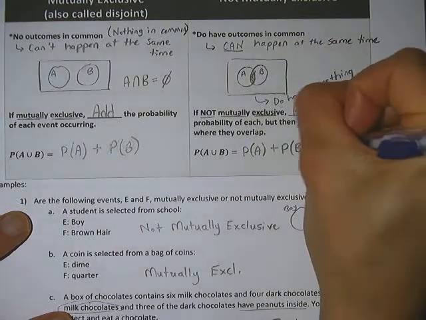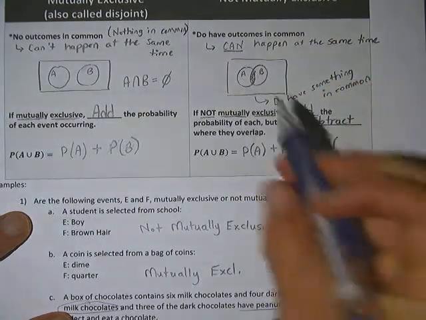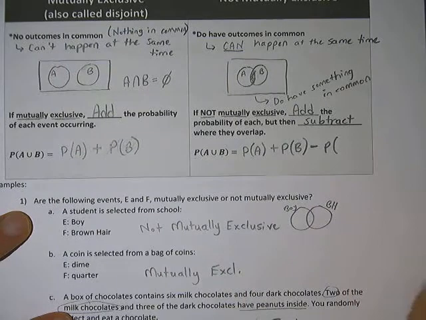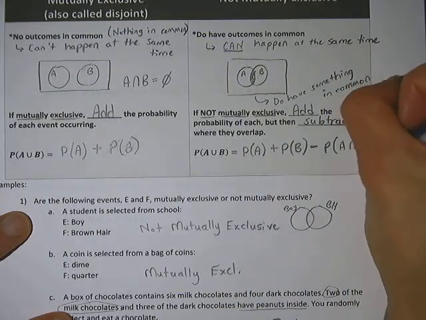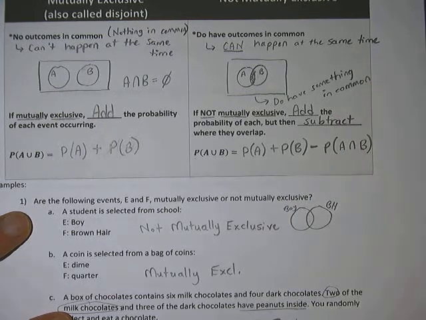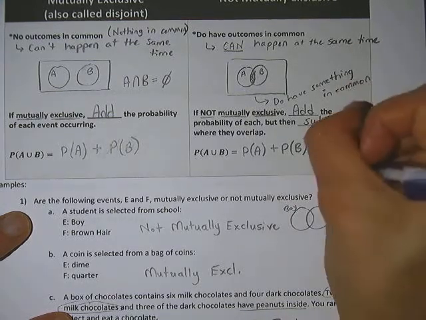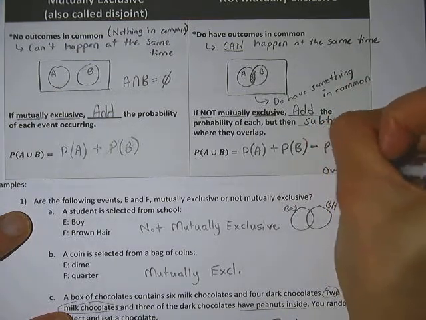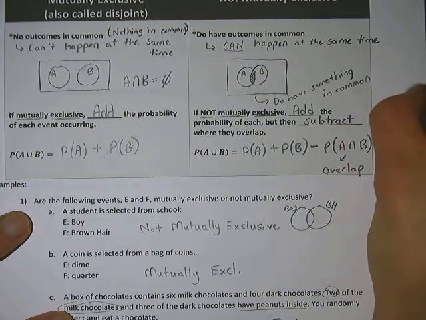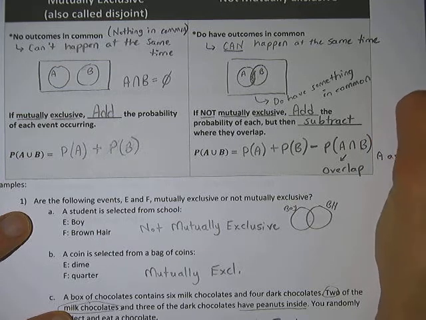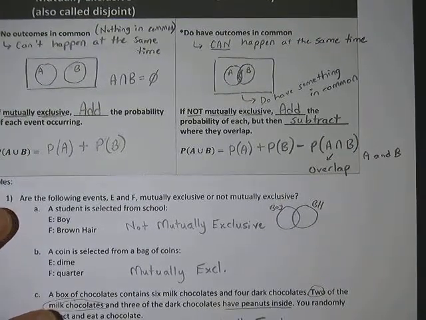But now you have to subtract the probability of them both happening, which is the intersection. So it's the probability of A and B happening, okay? So this is that overlapping part in the Venn diagram, all right? And it's the probability of A and B happening, okay?